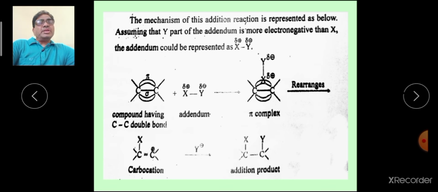The mechanism is represented here, assuming that the Y part of the addendum is more electronegative than X, and therefore the addendum could be represented as I have told, that is delta positive on X and delta negative on Y. To the compound having the carbon-carbon double bond, this electrophile part will come towards the electron rich center, that is the pi bond, and this rearranges forming a carbocation.